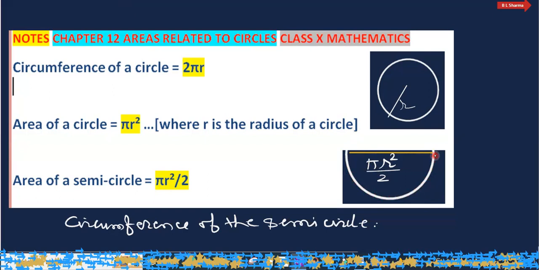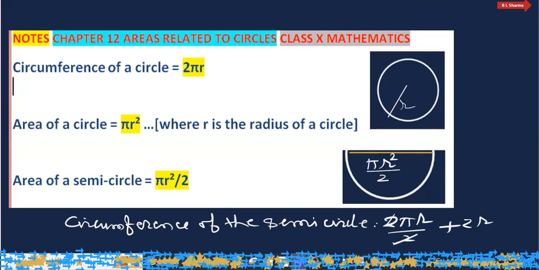So we can write 2 pi r, half of it, plus this diameter. Perimeter is actually the length of the boundary. So here this white portion means 2 pi r by 2, and this diameter means 2r. So that is the perimeter of the semicircle.